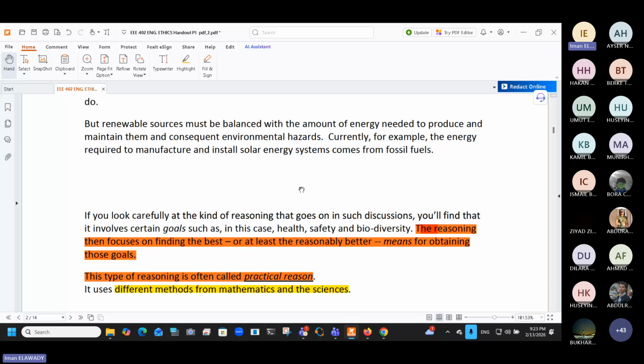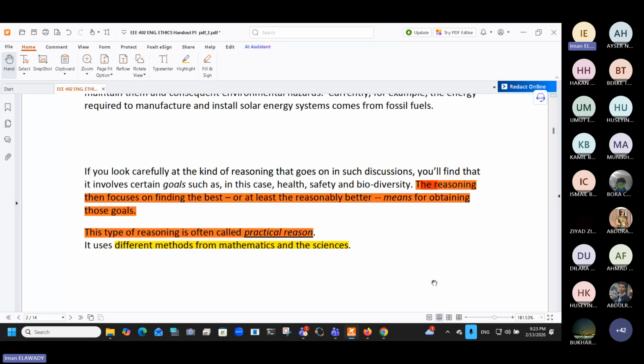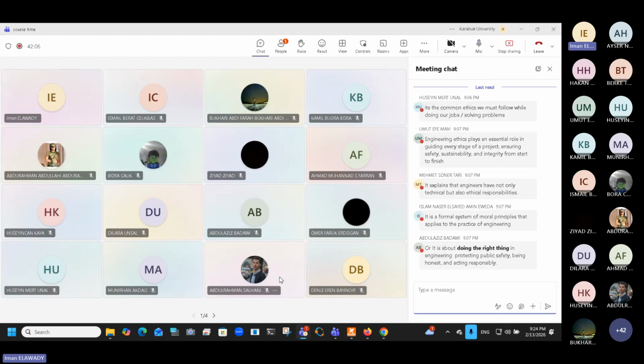When we open this kind of conversation, we are talking about such kind of reasoning based on this discussion, and we are trying to achieve goals about health, safety, medical application, etc. And you are thinking not just about the power source and its consequences, and this conversation is such kind of reasoning. So in this kind of reasoning, I want you to identify which type of reasoning we are using, how many types of reasoning we use. Please read this section and answer me. I will be waiting for your answers.